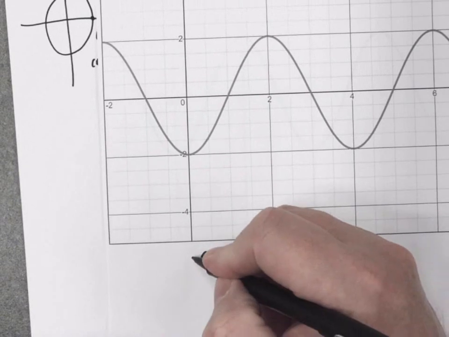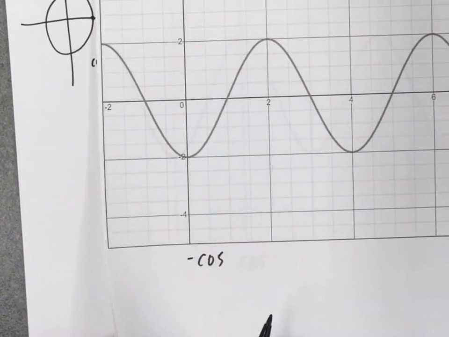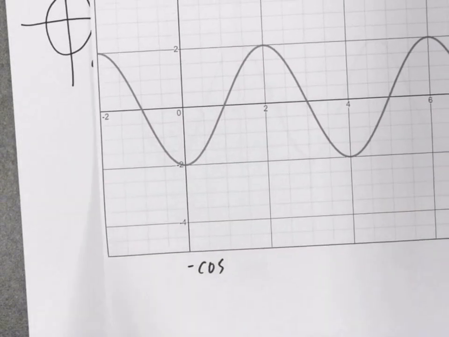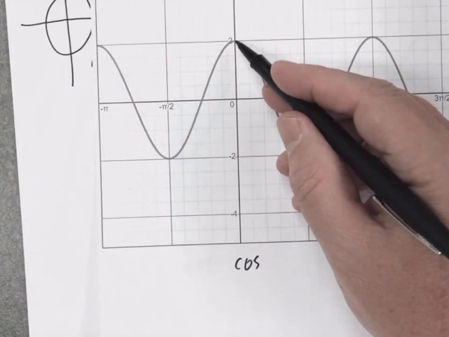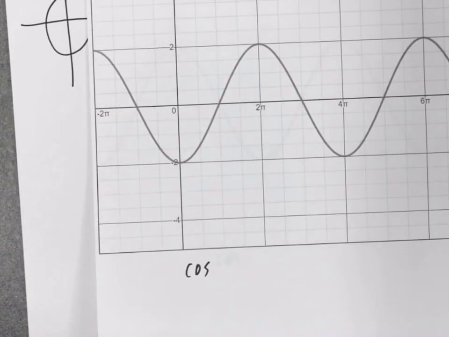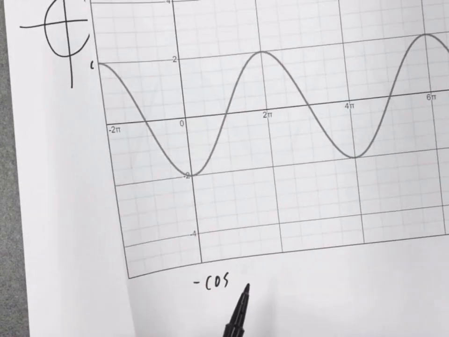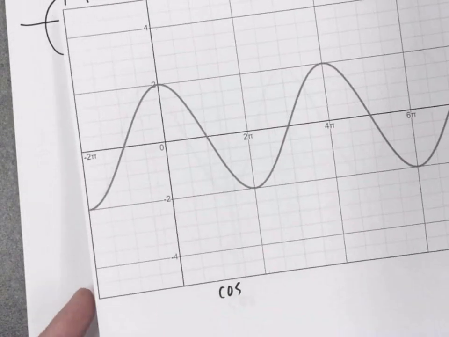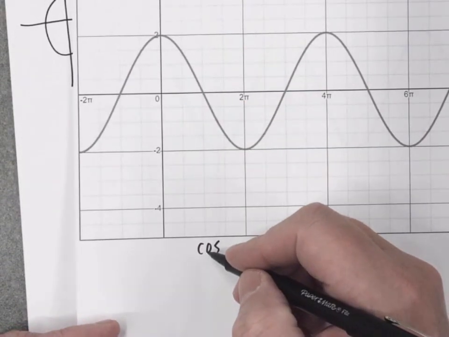So I know the equation for this graph is going to be negative cosine. Starts here, high, positive, so it's a positive cosine. Look at where it starts at angle 0, it's negative. And it's high up here, so it's positive.